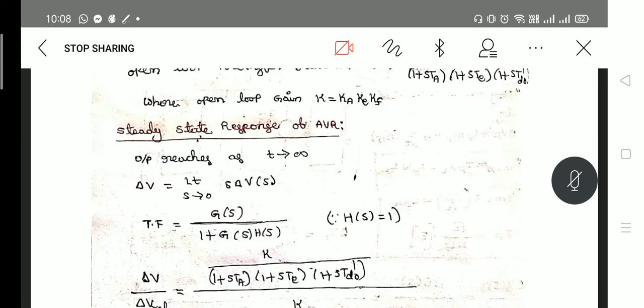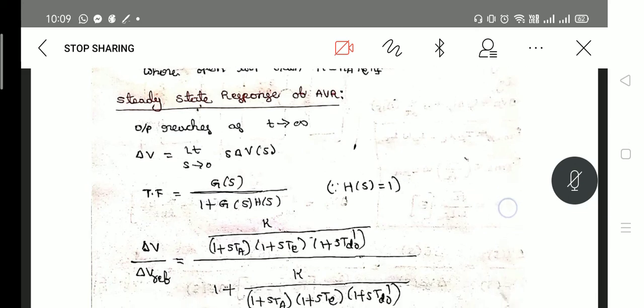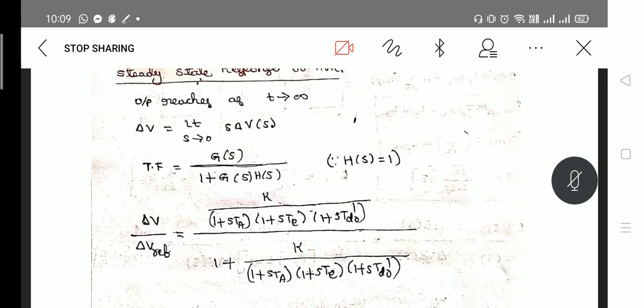Here in the same way we can apply delta V is equal to limit S tends to 0 of S into delta V of S. So I am applying the transfer function G of S by 1 plus G of S H of S. So first calculate the transfer function here.